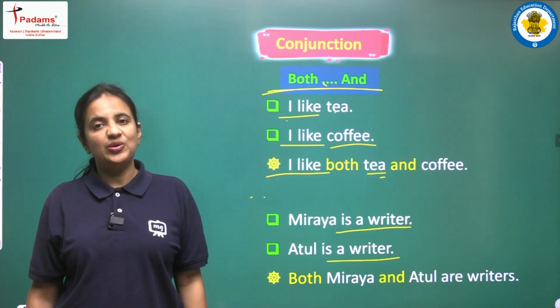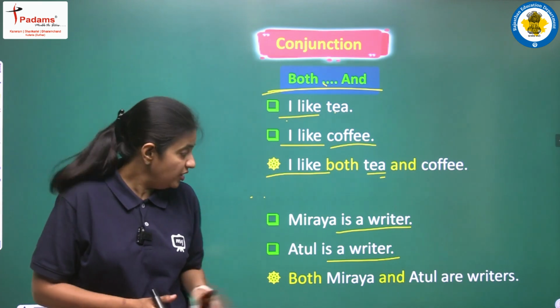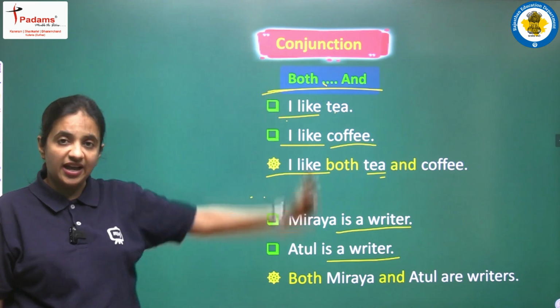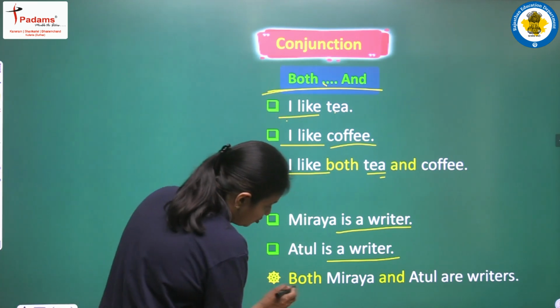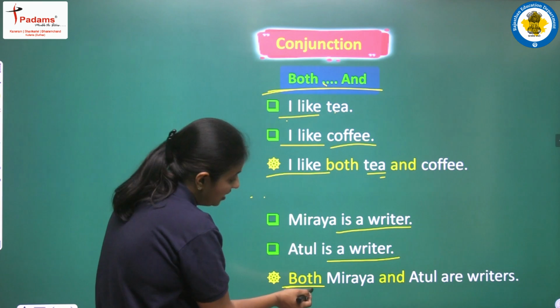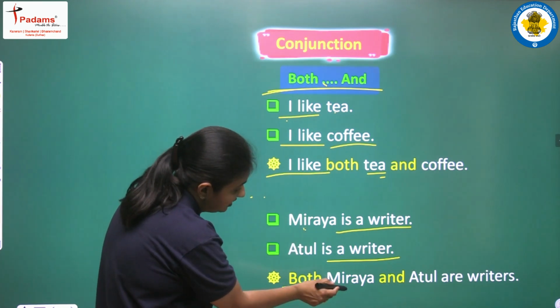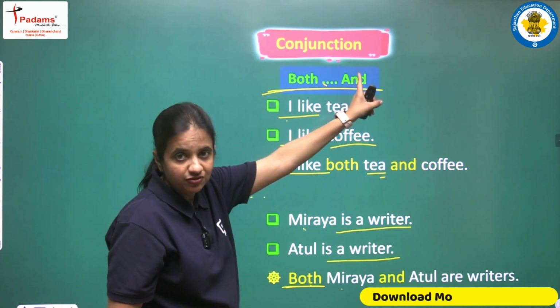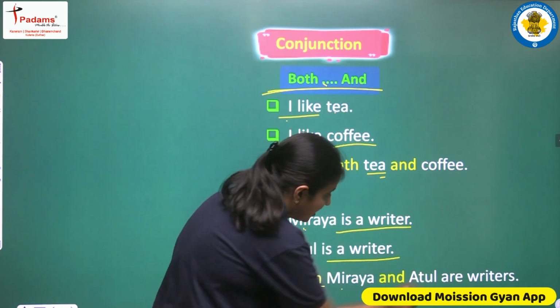So again we are doing the same thing. We are going to combine the subjects using our conjunction, both and. So let's see. First of all we write both, the first word. After that the first subject, Miraya. Next we write and, the second word of the conjunction, and after that we write Atul.